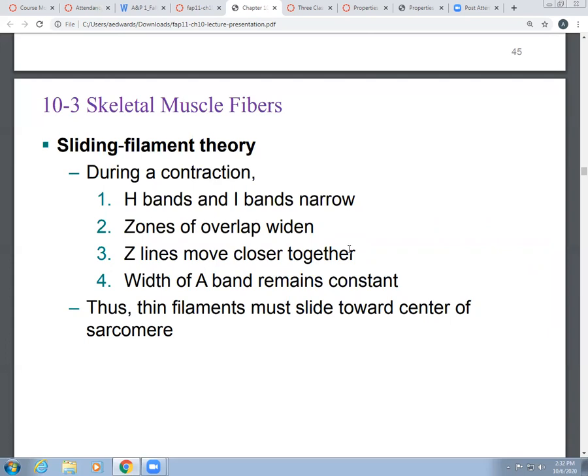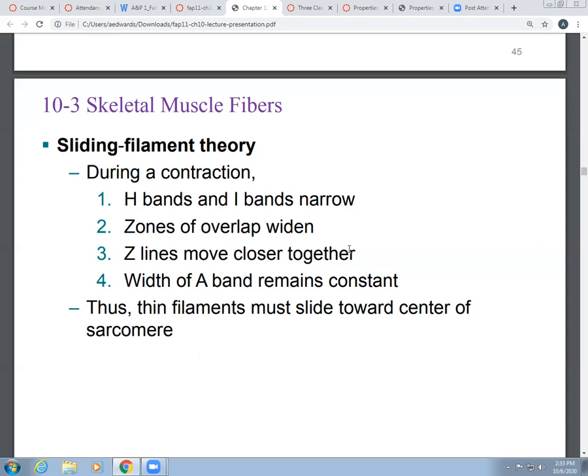So the H band was the area where you just had thick filaments, on the A band, and your I band was the area of the thin filaments only. So they narrow. And these zones of overlap are going to get wider, get more overlap, which makes the Z lines get closer together. Okay, but the width of your A band remains constant.